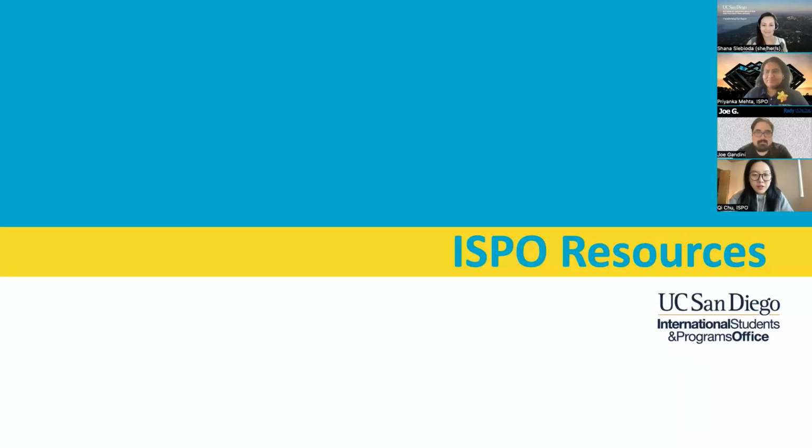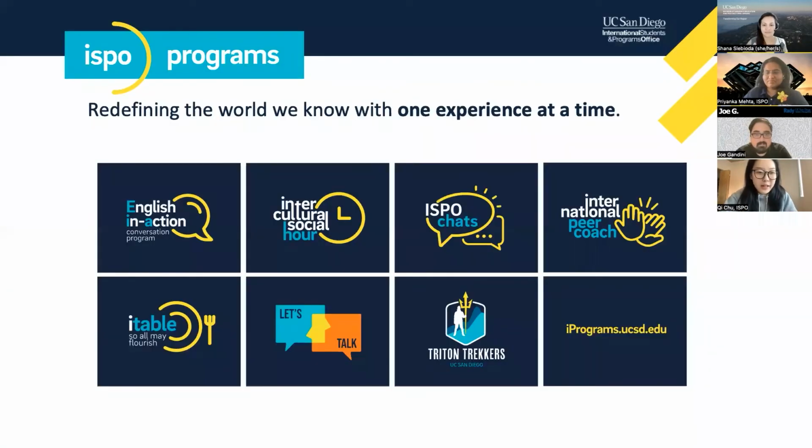Sure. Thank you, Joe. Next, I will talk about ISPO resources that we currently have for international students to really thrive here. There are several programs that the International Student Program Office provides, and all international students are welcome to join and take part in them. I will just talk briefly about several of them.